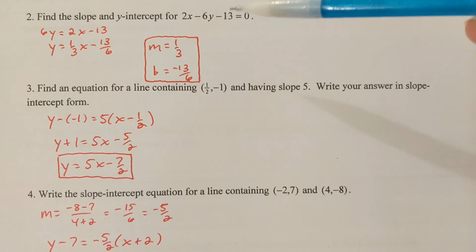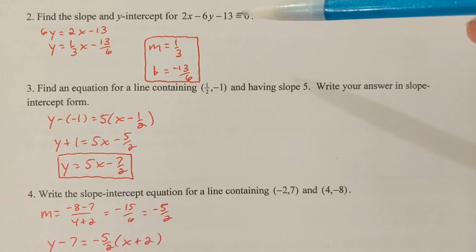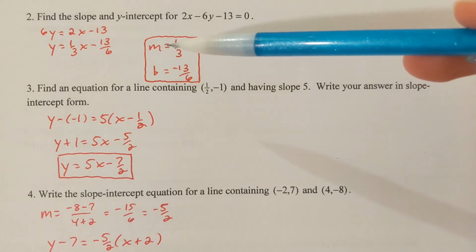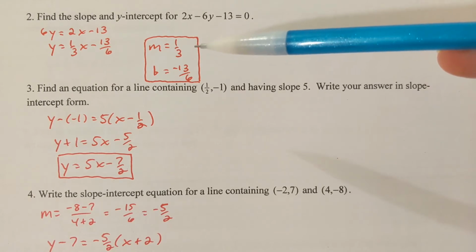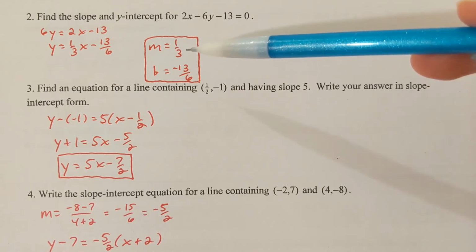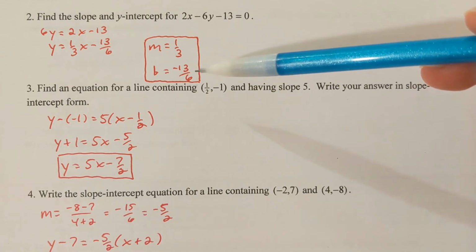So if I solve for y, add 3y to both sides, 3y equals 2x minus 13, divide by 3, y equals 2/3 x minus 13/3. The slope is 2/3, and the y-intercept is negative 13/3.